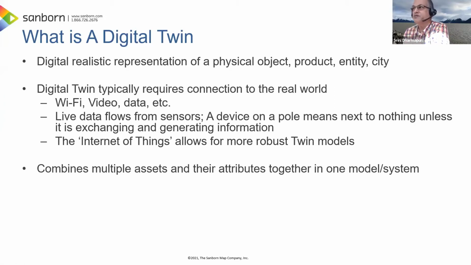That is the most significant aspect of a digital twin. But also, a digital twin requires connection to the real world. It can get data from various sources, whether it's video data or any other data, so it should be connected to the real world.